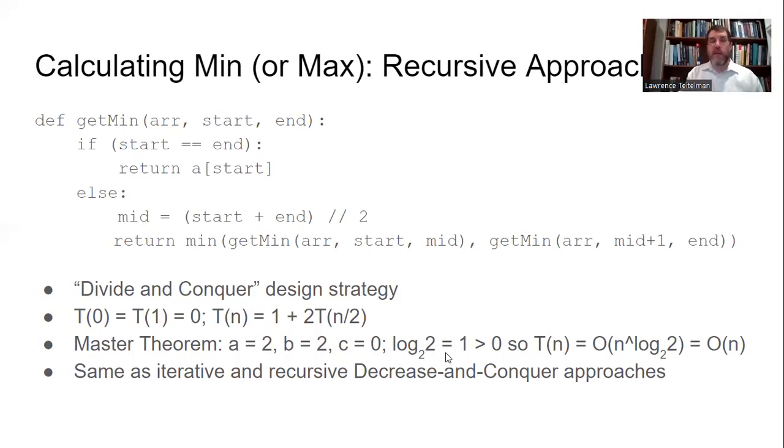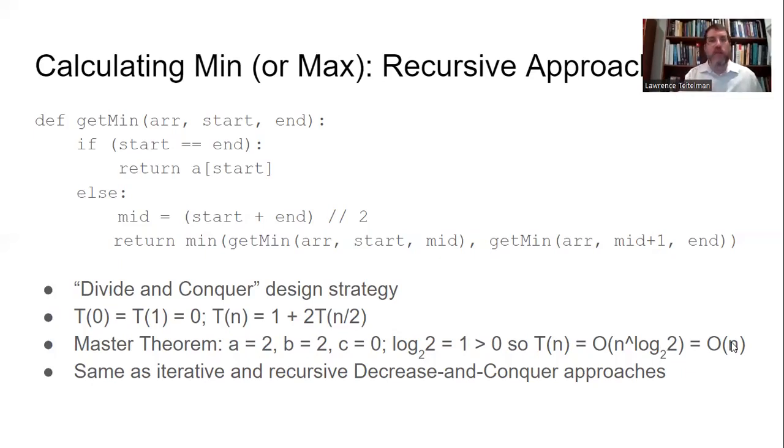So we have, sorry, this is not case 2. I think it's case 1, actually. So we get n to the log base 2 of 2, which is n to the 1, which is n. So we don't gain anything.